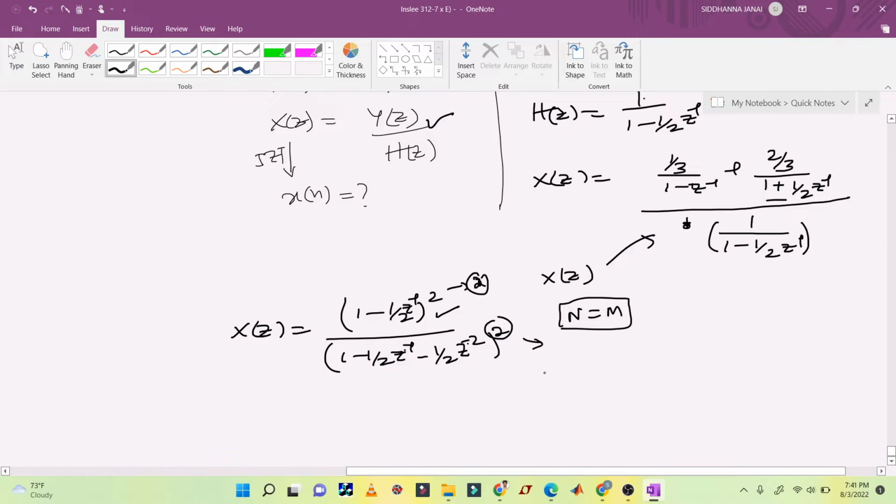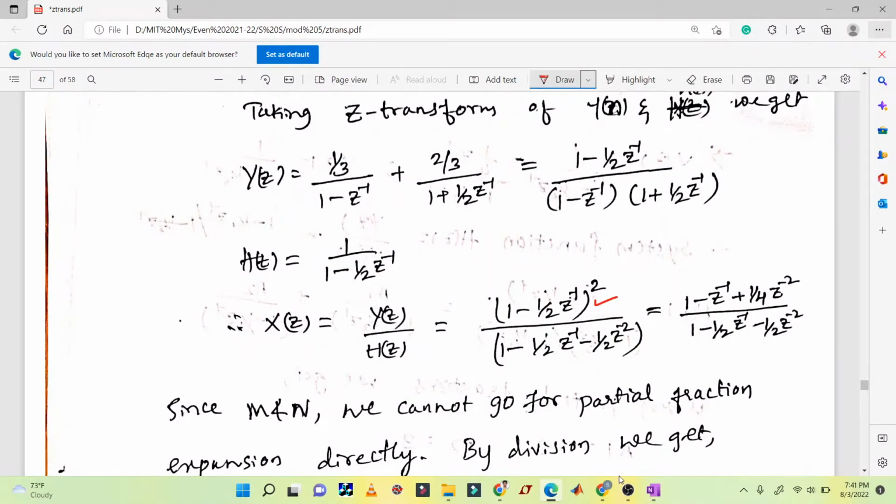So you use the long division method. First 1 minus 1 by 2 z inverse whole square, this we need to expand. After expanding we need to apply the long division method. So after expanding we'll get this as our equation.